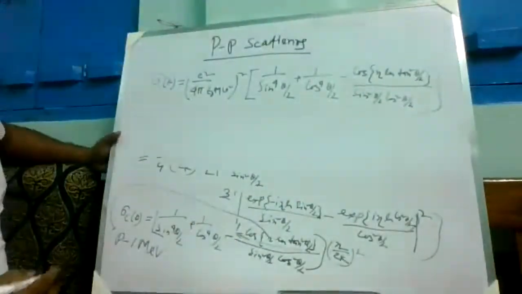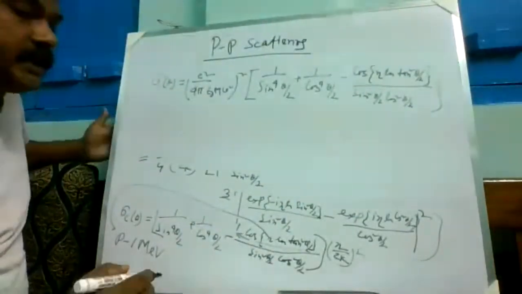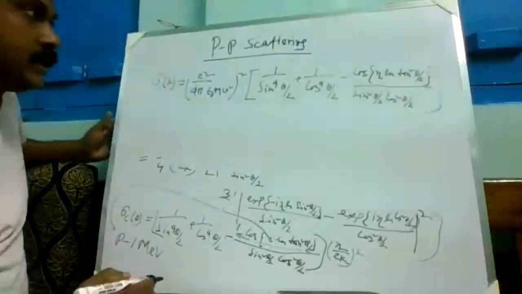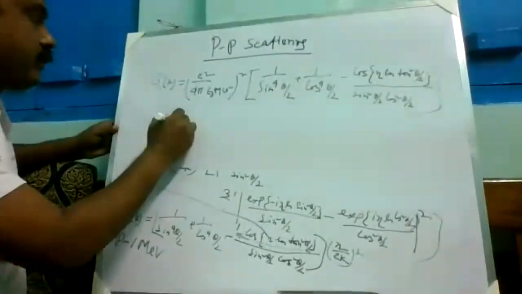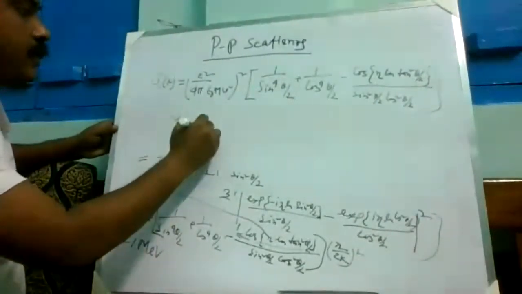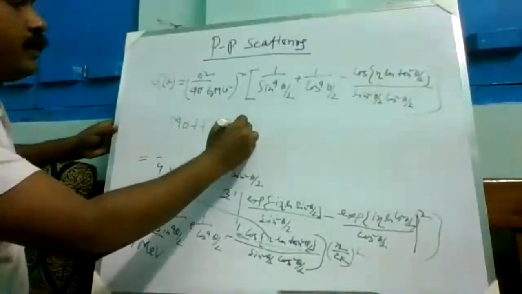So this is the expression for scattering cross section due to Coulomb interaction. This formula is called Mott formula.